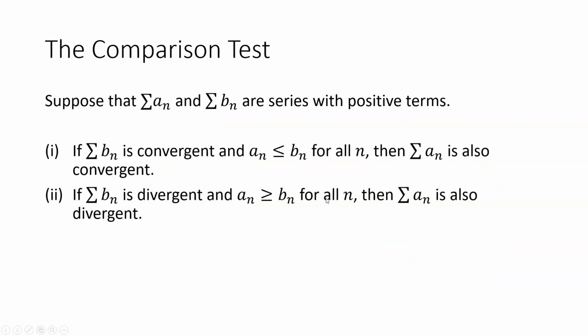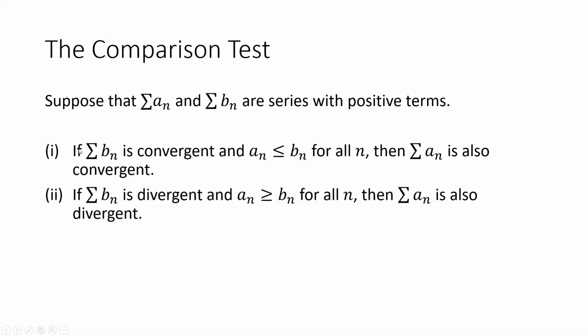So let's establish this more officially here. What we're calling the comparison test says that suppose we have two series, each with positive terms, where one of the series is convergent. We know, for instance, that the Bn series is convergent. Think of that as the one that we already know something about.